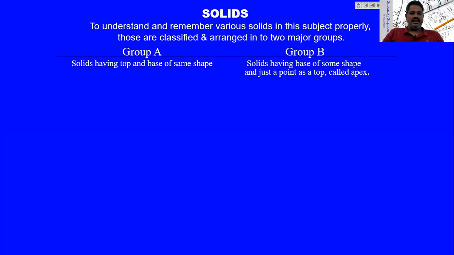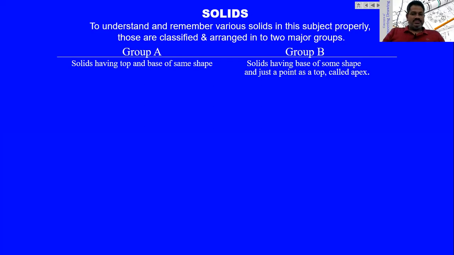I'm grouping this as group A. And group B, the other group, is that the base has some shape and the top has a point. Point is nothing but an apex.